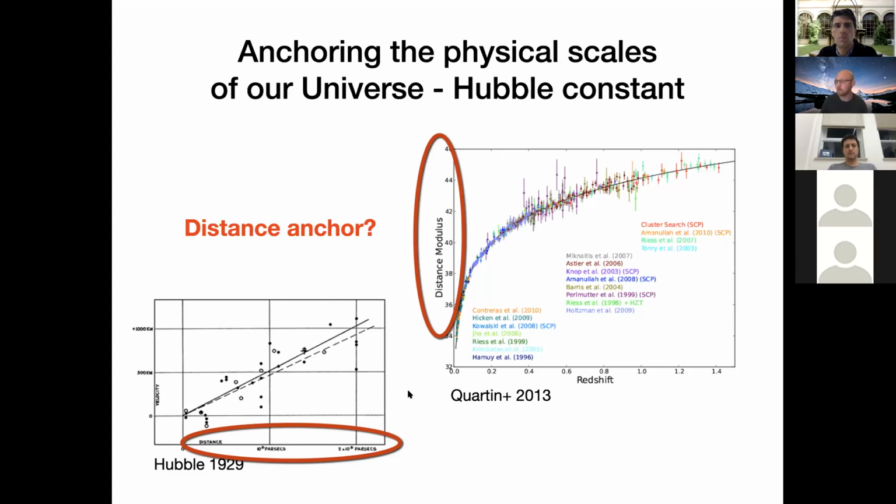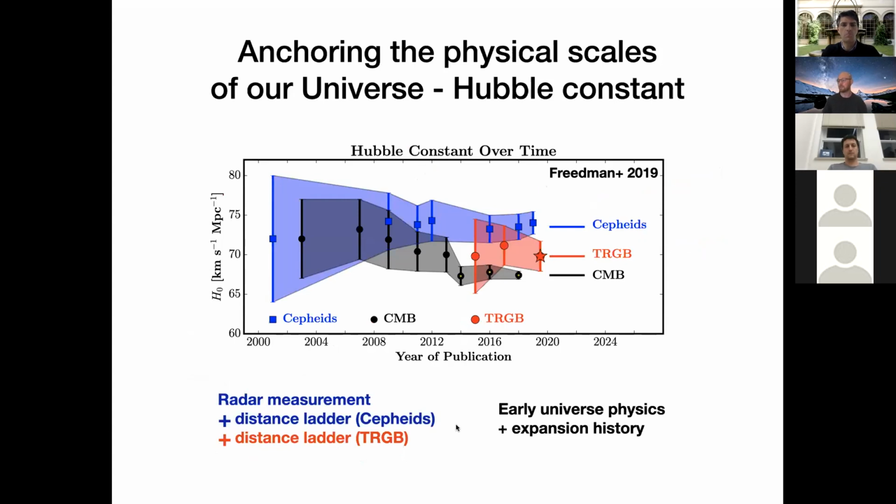More recently, this is a figure from Wendy Freedman et al. So what is the Hubble tension? I won't go into detail on the theoretical implications that this may have. It's not just a tension of two values, I'll come to this a bit.